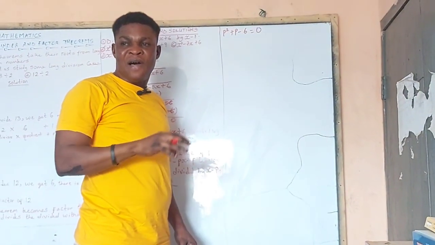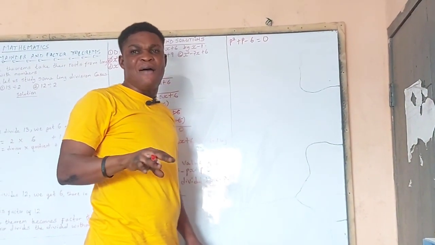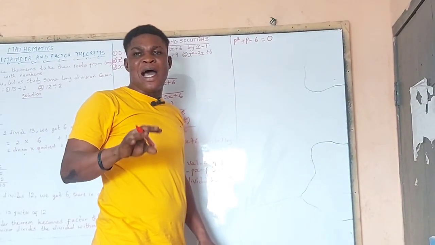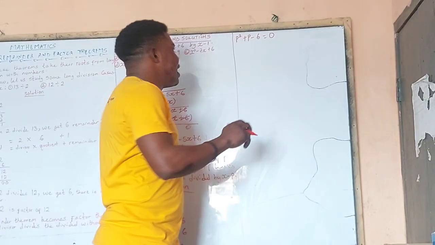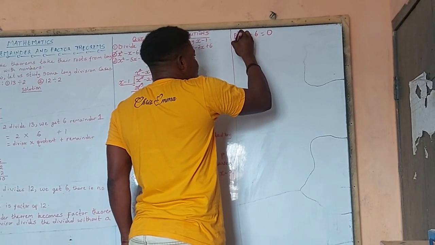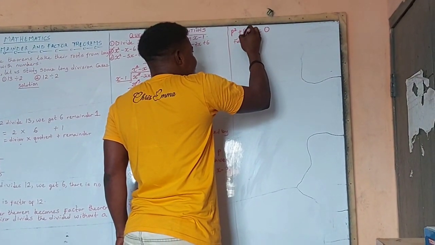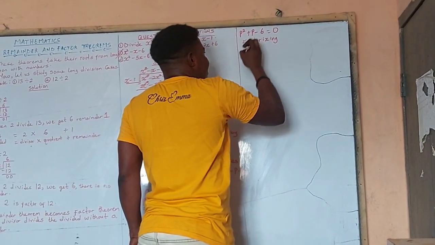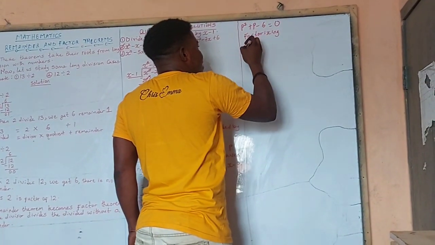We have arrived at the quadratic equation. And when we arrive at the quadratic equation, on a correct question you have to get 2 answers for your p, for the unknown. Definitely we are going to use the factorization method. Let's factorize now.